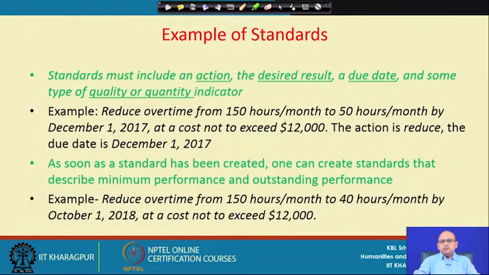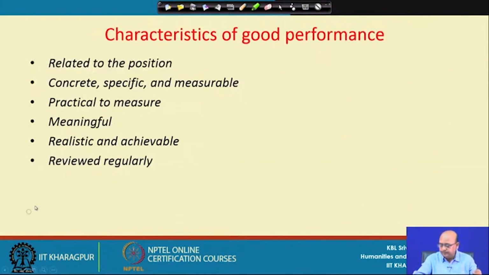From 50 hours you are reducing it to 40 hours by October 1, 2018 at the same cost. So, it means that you are talking about outstanding performance. Now, if you look at these two examples, one talks about the minimum or standard performance, the other talks about the outstanding performance. Now, the question here is whether you want to achieve minimum performance or standard performance.